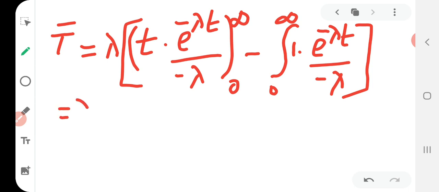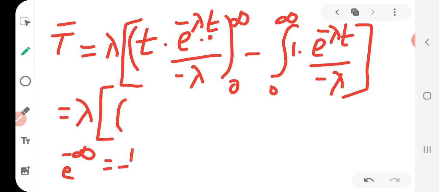That is lambda into, if we apply the limits to this part, applying infinity, we get infinity into e raised to minus infinity. e raised to minus infinity is 0, that is 1 by e raised to infinity, which is 1 by infinity, equal to 0. So applying the first limit, this term gets 0. And applying the second limit 0, this term will also be 0 since t is 0.